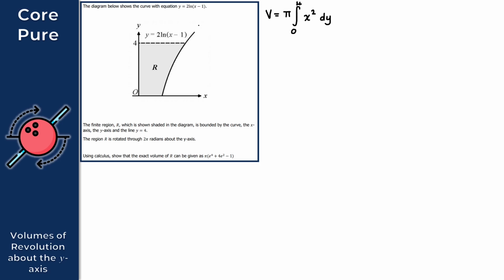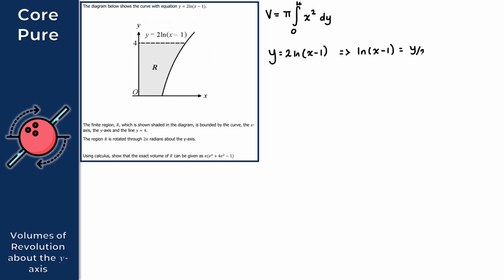Now, given that this equation is in terms of y, clearly we just need to rearrange this and make x the subject. So we have y equals 2 ln of x minus 1. If we rearrange this, then what do we get? Well, I get ln of x minus 1 is equal to y over 2.